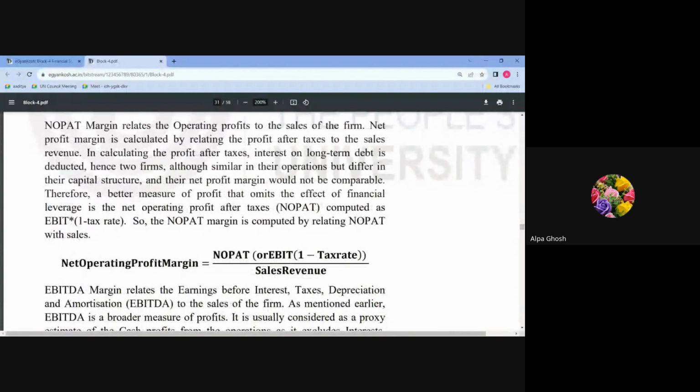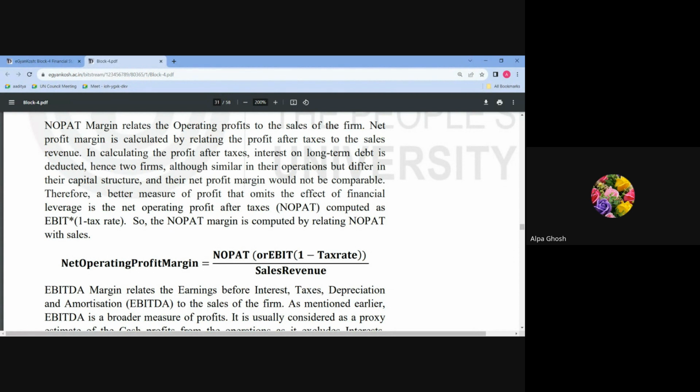Next, we have net operating profit margin. Net operating profit margin is first operating profit, net operating profit after taxes. NOPAT is net operating profit after taxes.